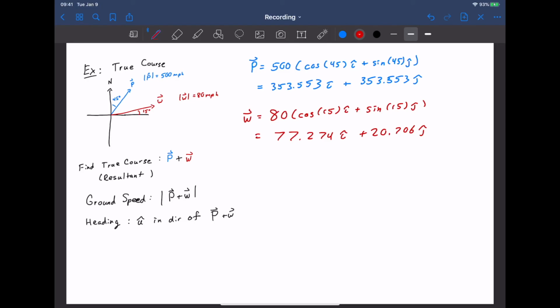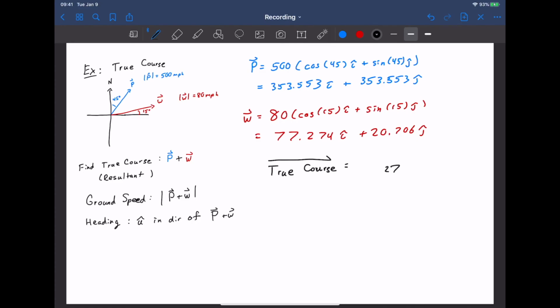So how do you add these up? So the true course is a vector. Yikes. Is a vector that looks like, what do we got here?